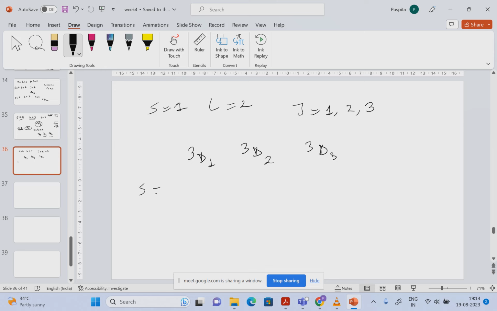When S is equal to 1 and L is equal to 3, J is 2, 3, 4. L is equal to 0, 1, 2, 3 is S, P, D, F.